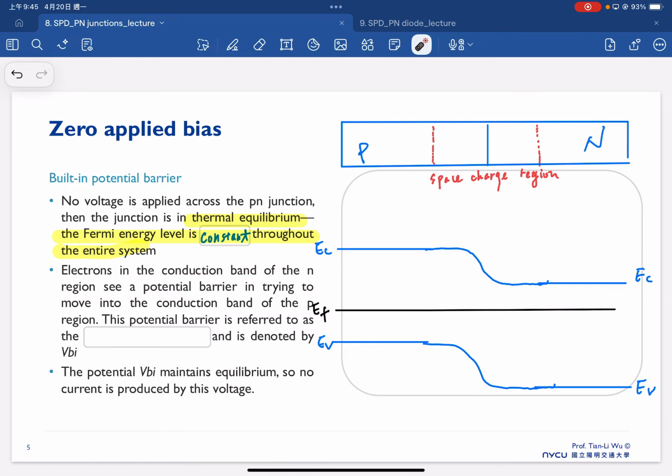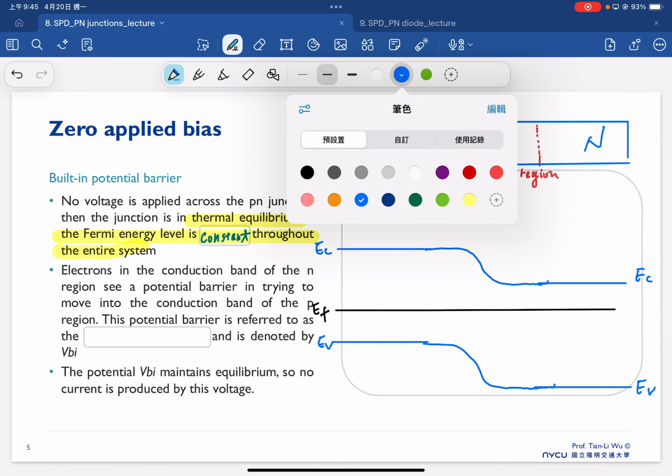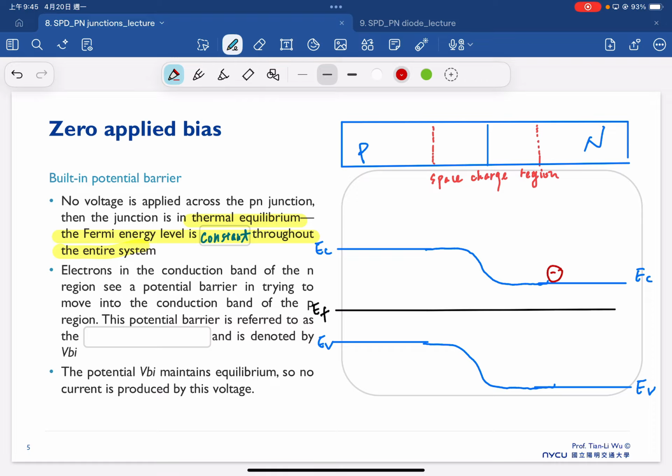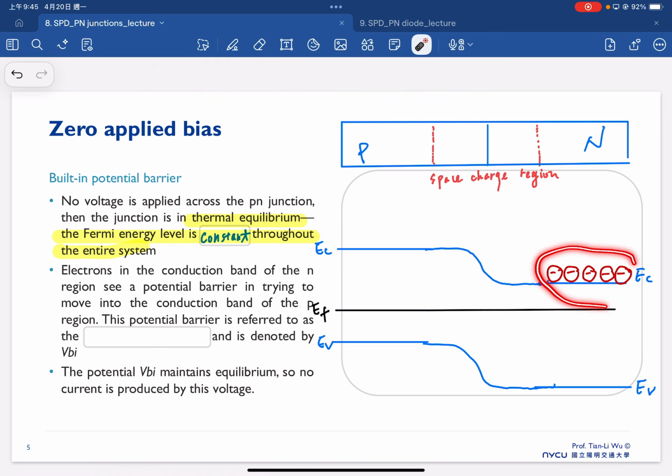This is an N-type region, so we have lots of electrons here. From the electron's viewpoint, the electron will see a kind of barrier here, because the electron wants to flow to the left, which means the electron has to overcome this barrier.